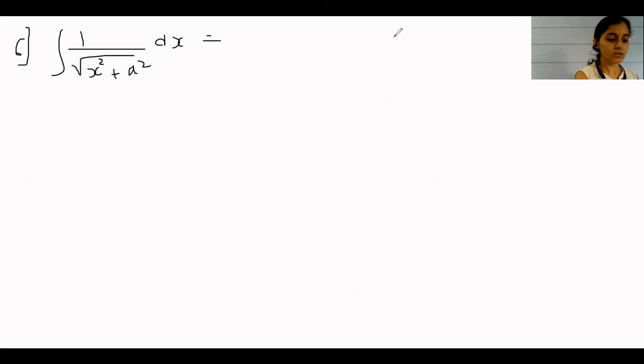Sixth one, integration of 1 upon root of x square plus a square dx is equal to log of x plus root of x square plus a square plus c.